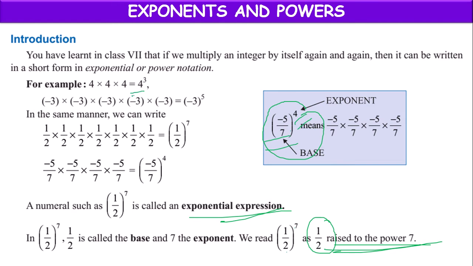Or here, 4 raised to the power of 3. Minus 3 raised to the power of 5. 1 by 2 raised to the power of 7. Minus 5 by 7 raised to the power of 4. Like that, we can read exponential expressions.